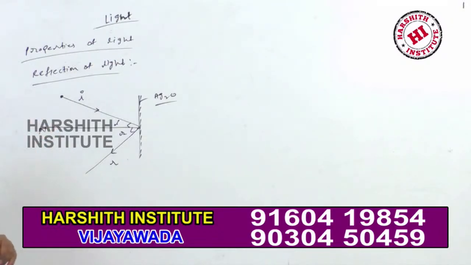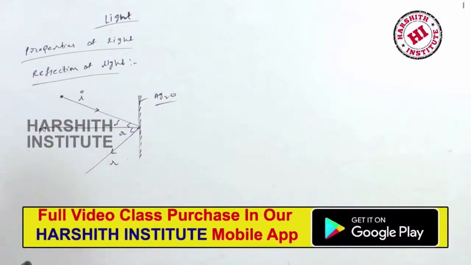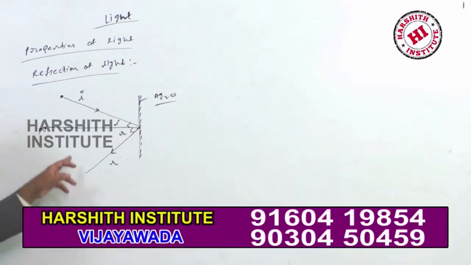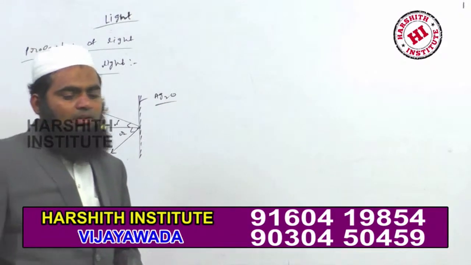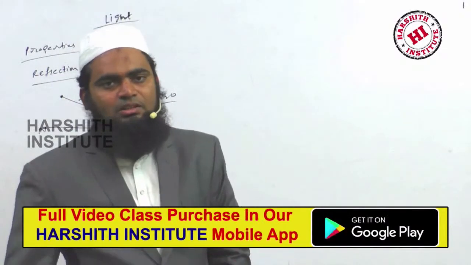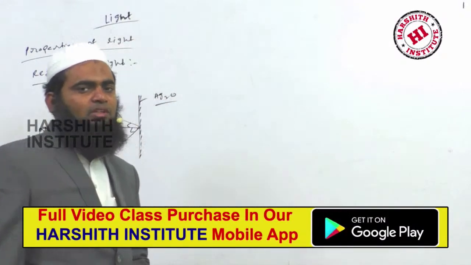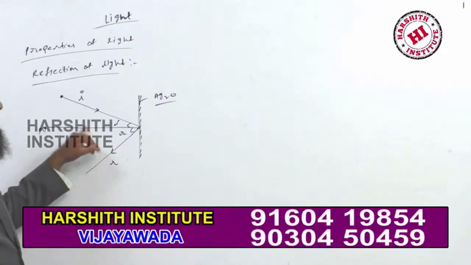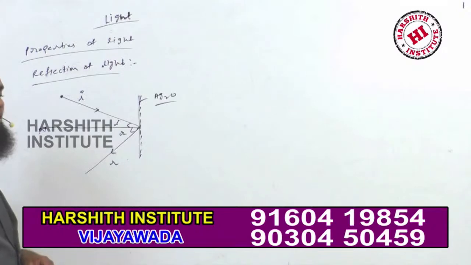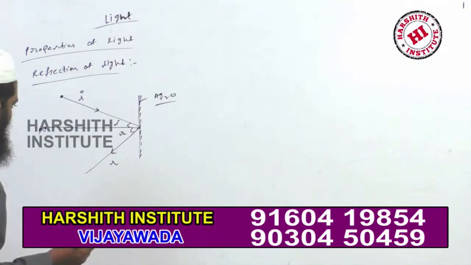Here the angle of I is called the incident angle, between the normal and the incident ray. The angle of R is called the angle of reflection, between R and N. In this case, reflection takes place under two conditions.